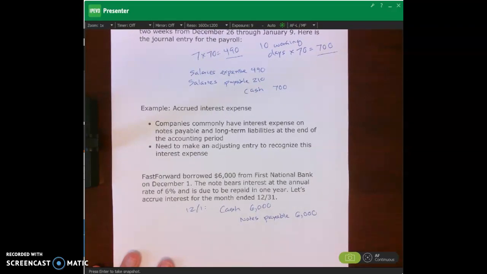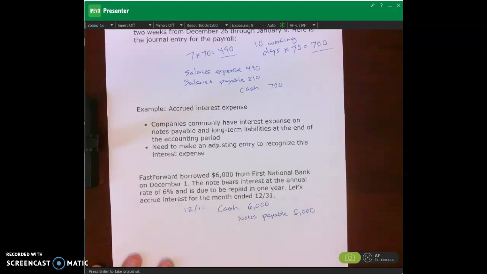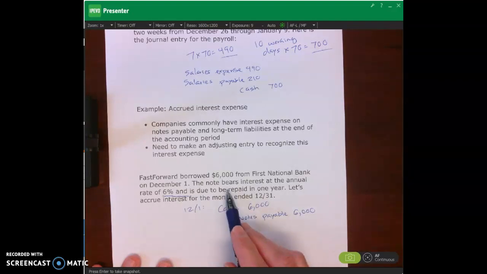Now it says right over here, the note bears interest at the annual rate of 6%. That's 6% per year. And we're going to pay this $6,000 back with interest in 1 year.